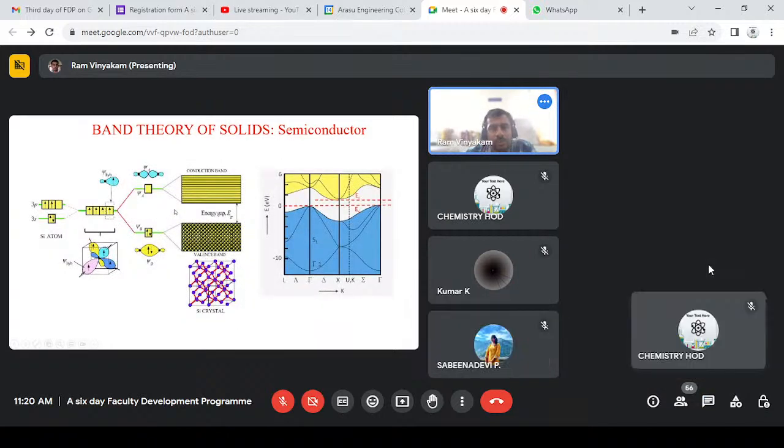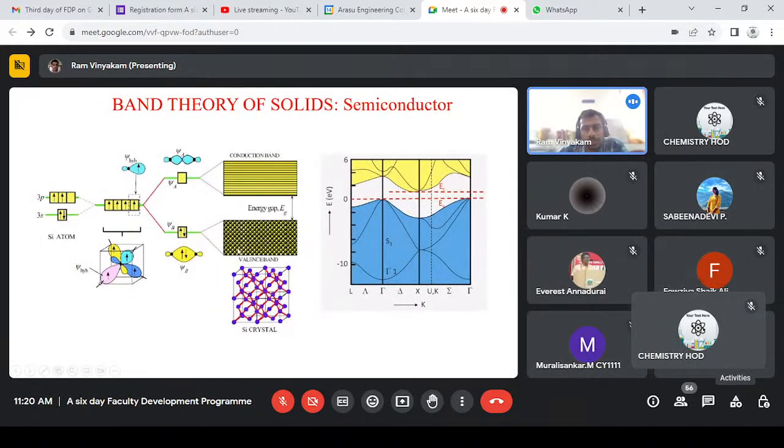So what does it lead to? This leads to the filling of the valence band, and there is an empty gap, or forbidden gap, between it and the unfilled allowed conduction band. The unfilled 3s and 3p form the bottom of the conduction band, and we all know what the valence band is, the 3s and 3p.